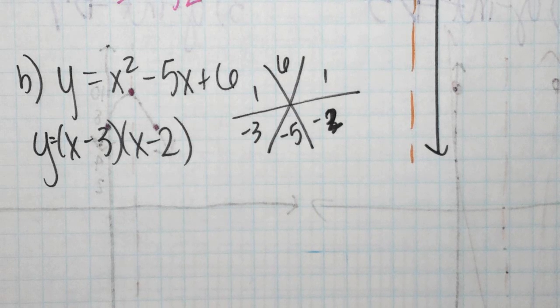Yes. And now graph it. You do intercept form. Like we said, it equals 0.